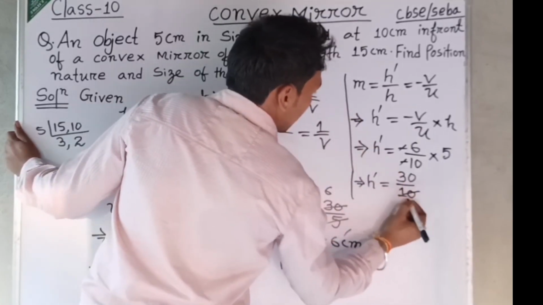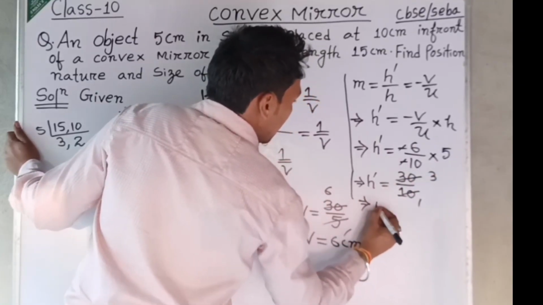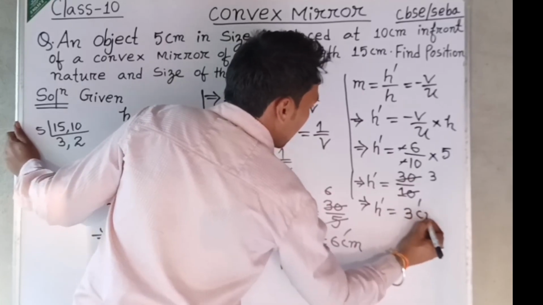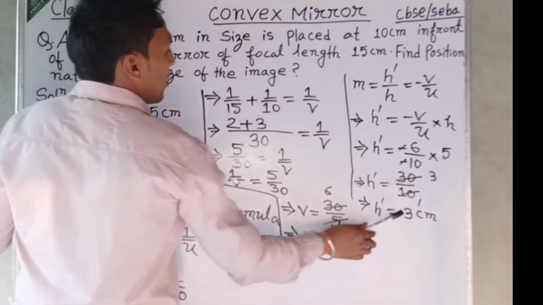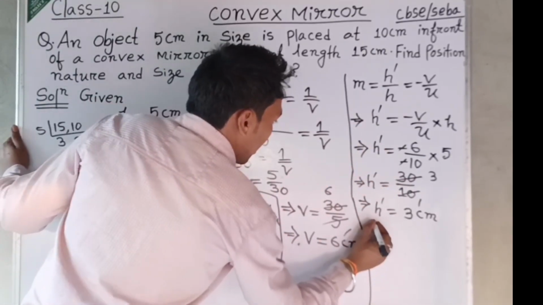Now you cancel, 10 ones are 10, 10 threes are 30. Means h dash equal to 3 centimeter. Means size of the image or height of the image is 3 centimeter. Now you write the nature.